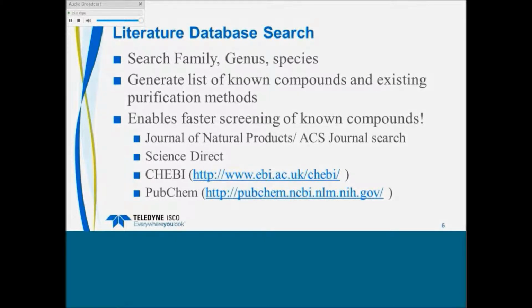You can then generate a list of known compounds and existing purification methods. I mentioned the family as well because I've had some fairly good luck searching at that level and finding compounds that are generally produced and known for the family. This enables faster screening of known compounds and lets you move on to the next project more quickly.